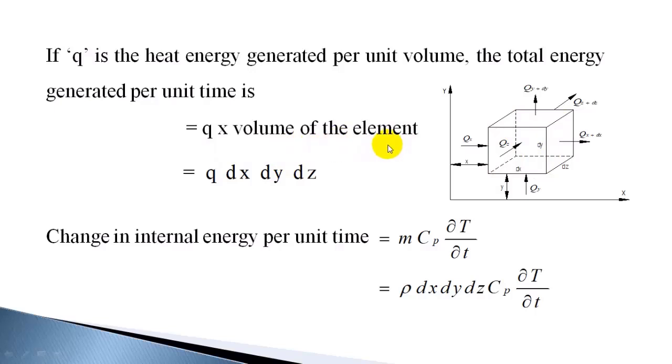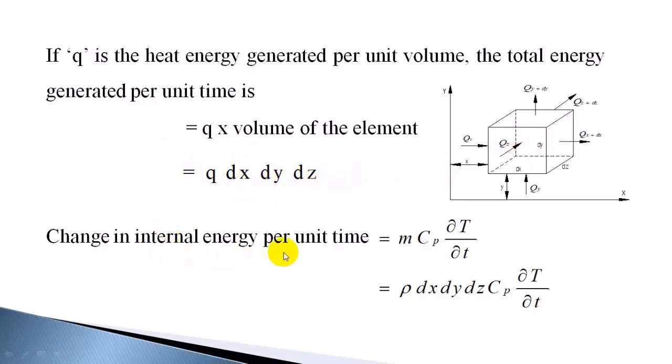Volume of the element, if you multiply with the rate of heat generation, will give the total heat generated within the element. If Q is the heat energy generated per unit volume per unit time, it is the rate of heat generation. The total energy generated per unit time is Q into volume of the element. Volume is dx dy dz.